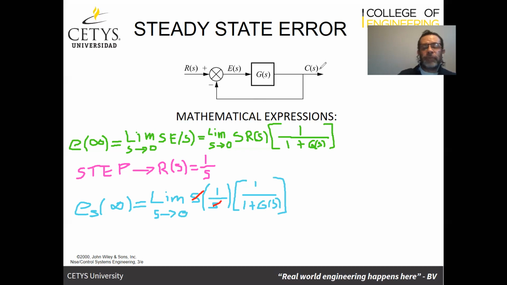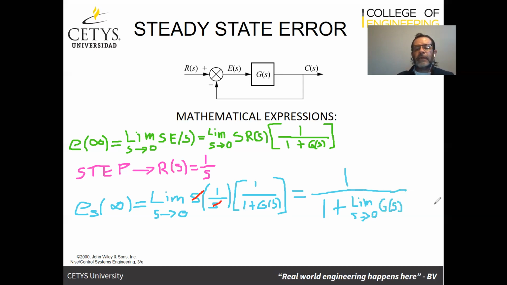And what I'm going to be left with is 1 divided by 1 plus G of S. In this case, the limit is really just going to be applied to G of S. So this is going to be equal to 1 divided by 1 plus the limit once S tends to 0 of G of S, which is actually what we had in the previous table that we'd shown.